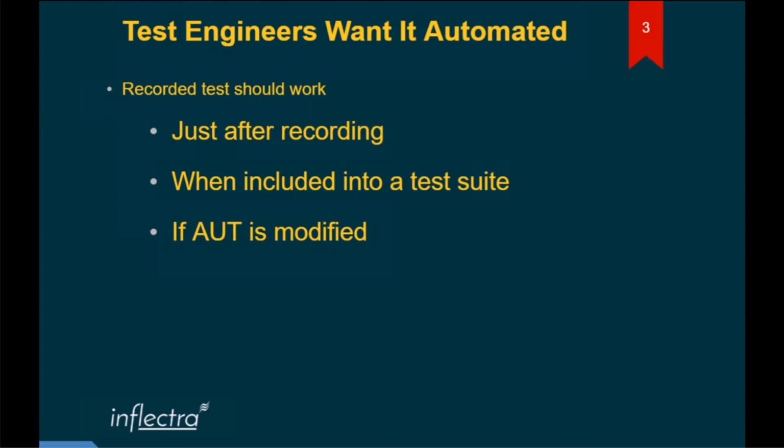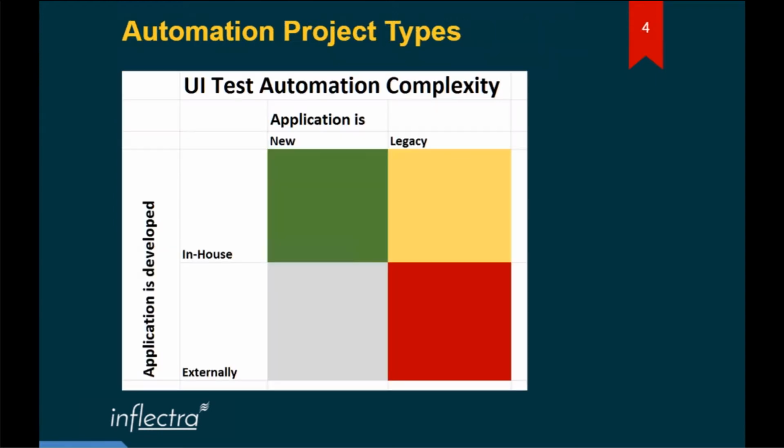You're probably familiar with situations when a test works standalone, everything is fine, life is good, but when you run the test within a test suite, in the middle of it, it unpredictably fails. This also happens frequently. And if the application is modified, we also want our tests to continue to work and not require additional effort to fix them. So let's go to the next slide.